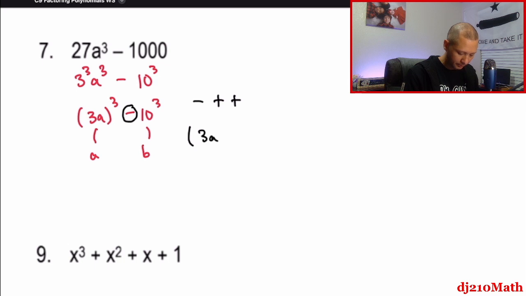So 3a minus 10, and then plus, plus. So we got a squared, 9a squared, plus a times b, 30a, plus b squared, which is going to be 100.